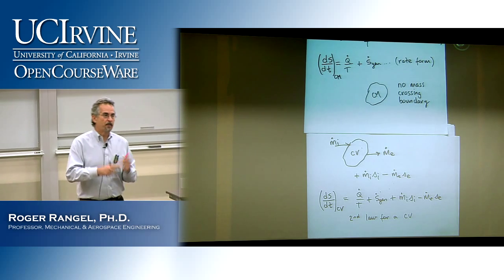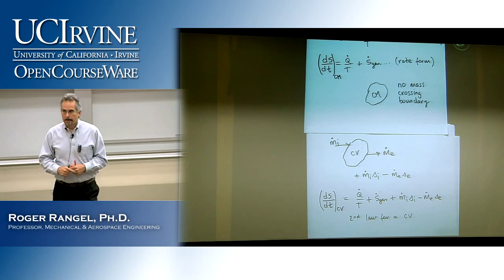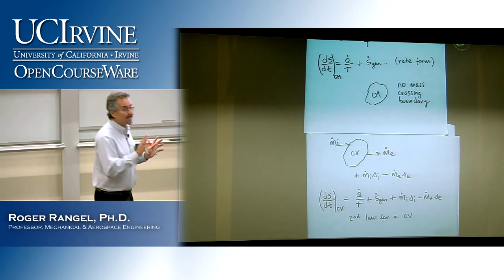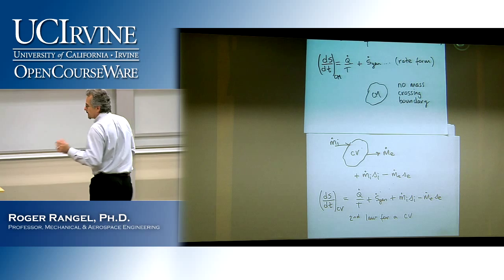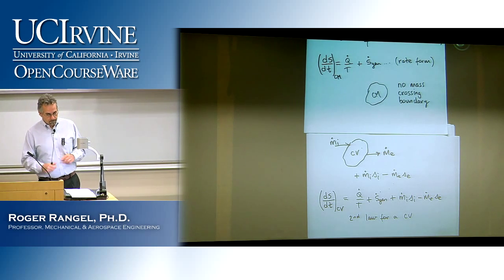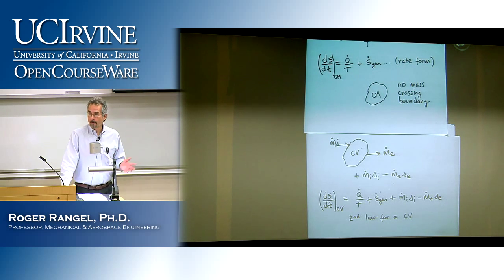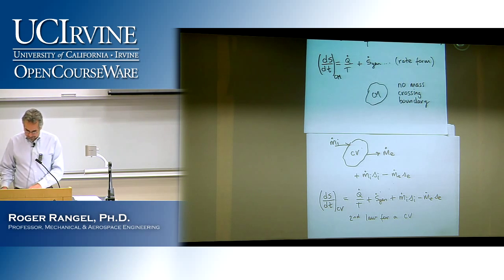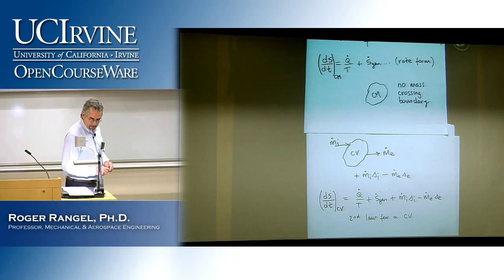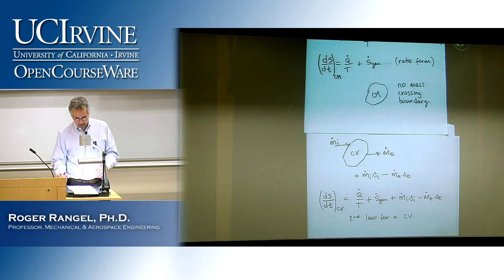Any device that we have seen before that has flow in, flow out, turbine, compressor, a boiler, a condenser, an evaporator, a nozzle, where there is mass flowing in or mass flowing out, we now have an equation that we can use to help us solve the problem involving that device. Just like we did for the first law, we're going to consider two types of problems that are important for us.